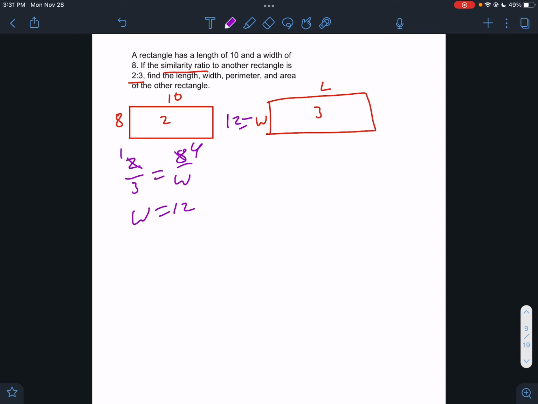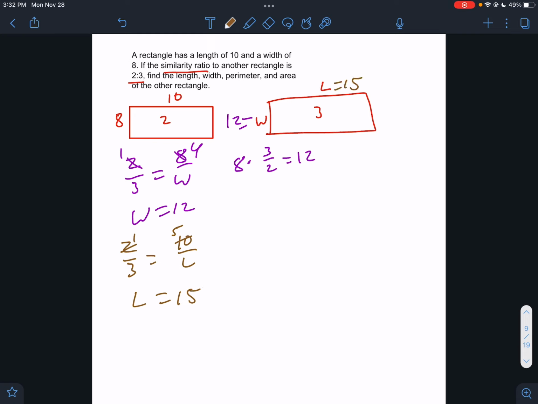If you were doing that with scale factor, you would do 8 times 3 halves to get bigger, and that would be 8 divided by 2 is 4 times 3 is 12. Works both ways. Okay, how about the length? Same ratio, 2 over 3 would equal 10 over the length. 2 and 10 is 1/5, so length equals 15 when you cross multiply.